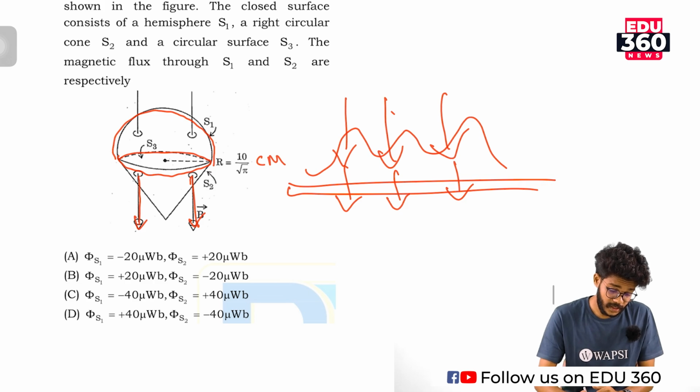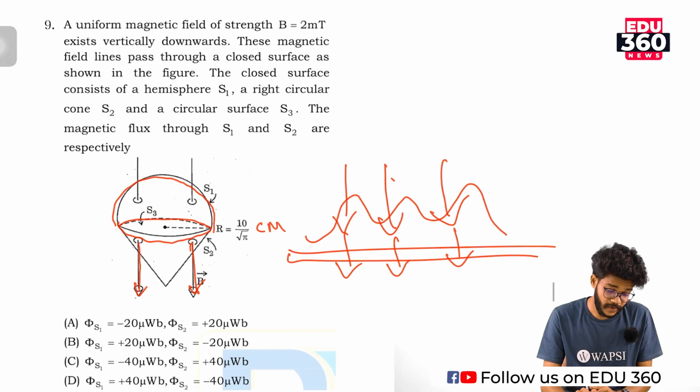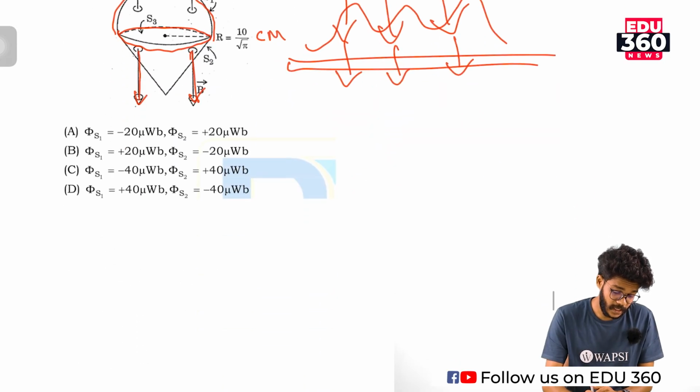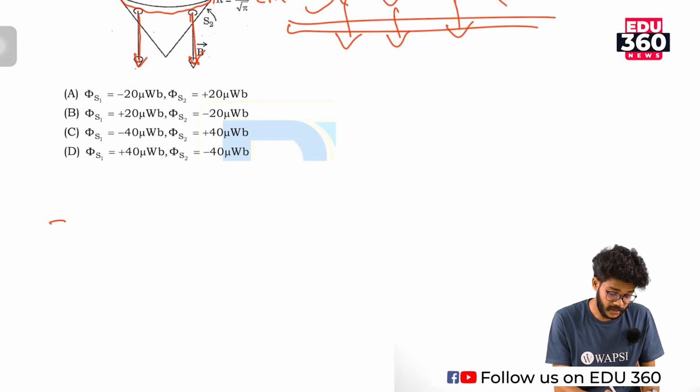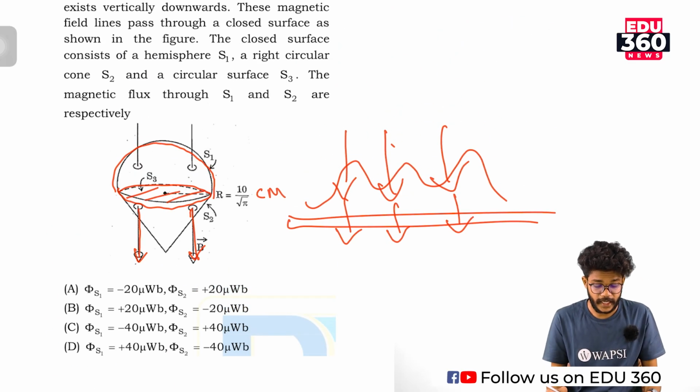What is the equation for flux? Magnetic field into area. What is the magnetic field? 2 millitesla. So flux phi is equal to 2 into 10 raised to minus 3 into area, where the area is perpendicular to the direction.